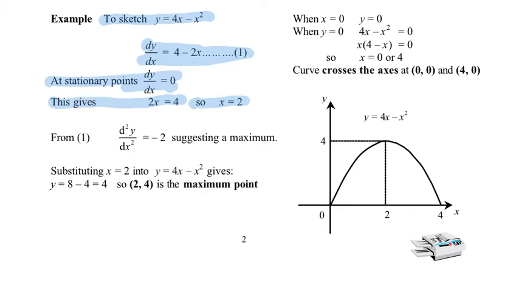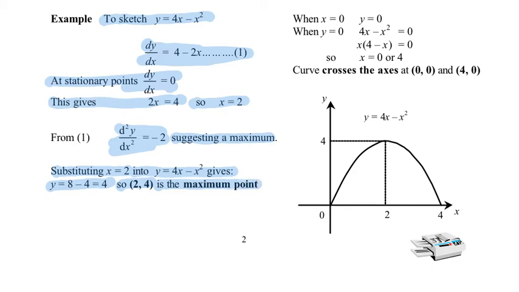Find the second derivative, which is equal to minus 2. This suggests a maximum. If we substitute x equals 2 into the equation for the graph, we get y equals 8 minus 4, which is 4. So now we have the coordinates (2, 4), and we know it is a maximum point.